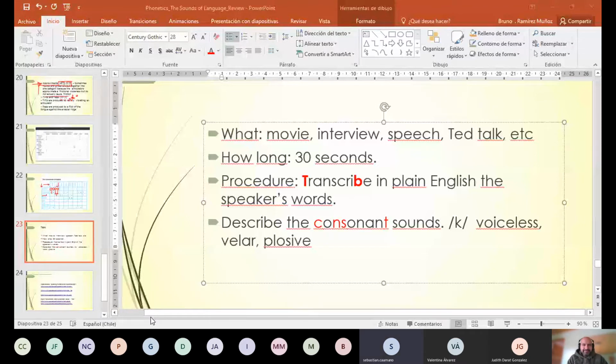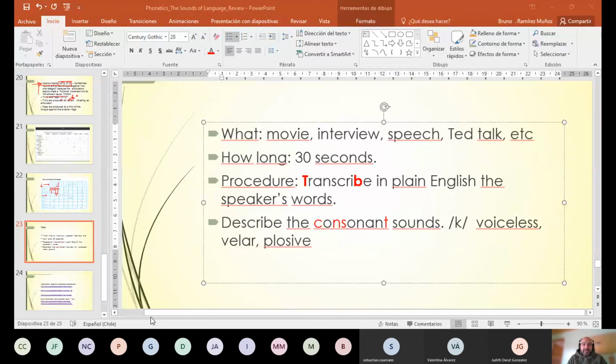Okay, but when we transcribe the sentences, do we do it right in the same video, while the video is playing? You can do that, or after you show us and we watch the video, you can show us a Word file or a PowerPoint presentation, and you can have the script there.